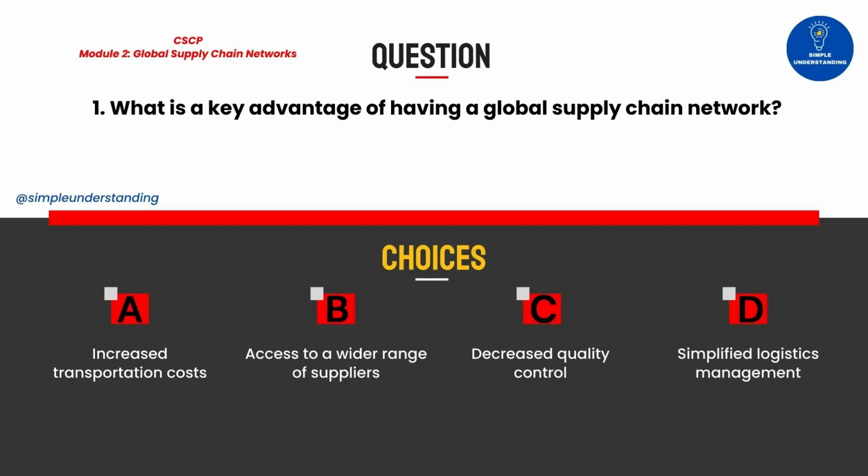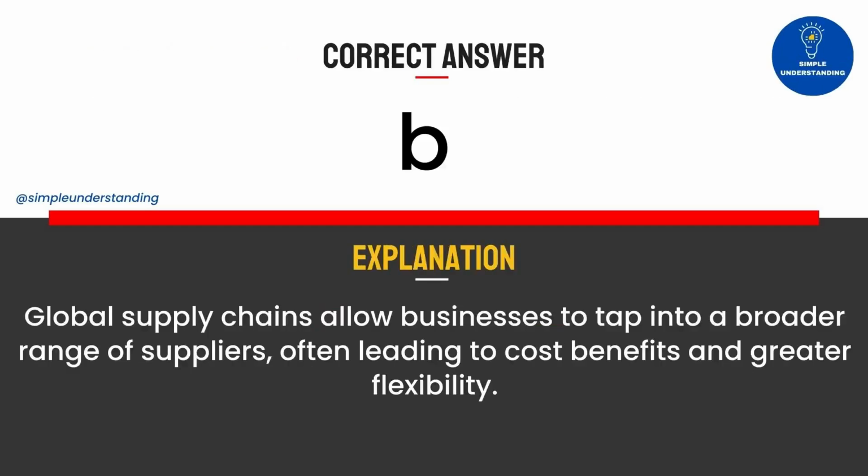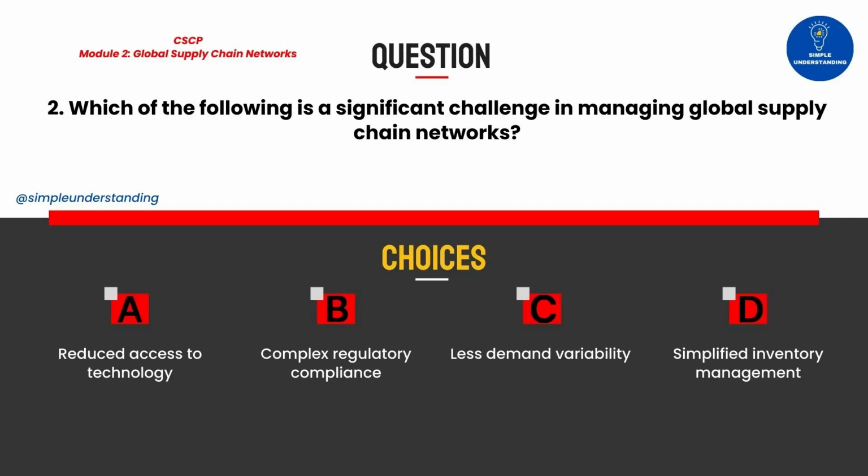D. Simplified logistics management. Correct answer B. Explanation. Global supply chains allow businesses to tap into a broader range of suppliers, often leading to cost benefits and greater flexibility.